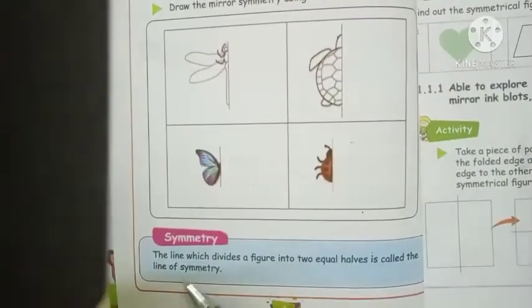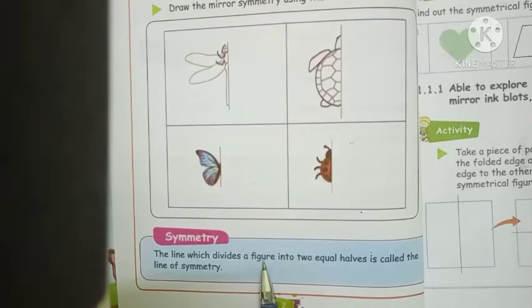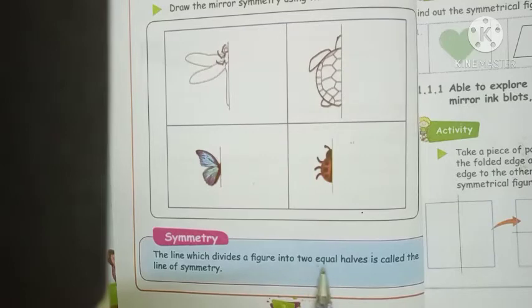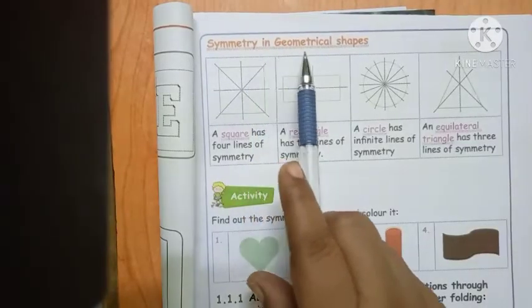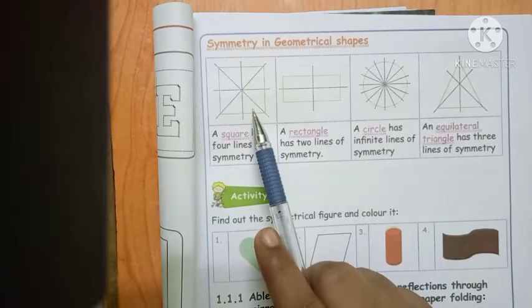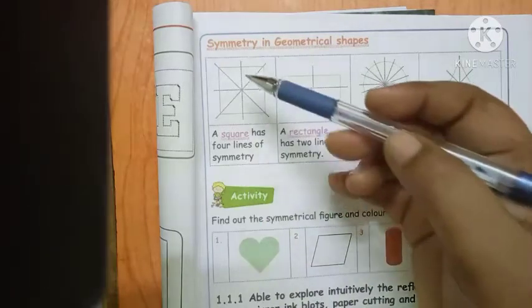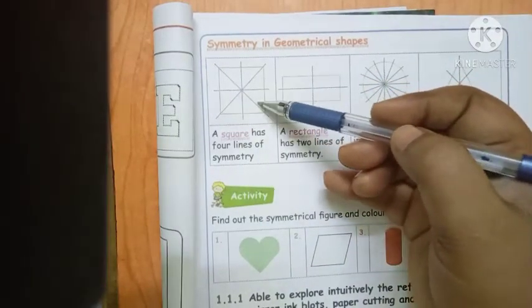The next one, symmetry. The line which divides a figure in two equal halves is called the line of symmetry. Symmetry in geometrical shapes. Here a square shape is taken. So first, how many lines do we draw? 1, 2, 3, 4.